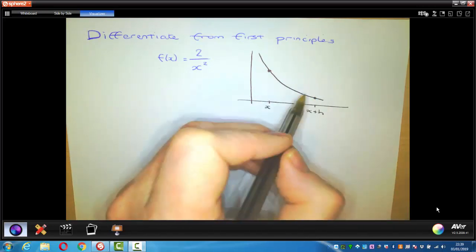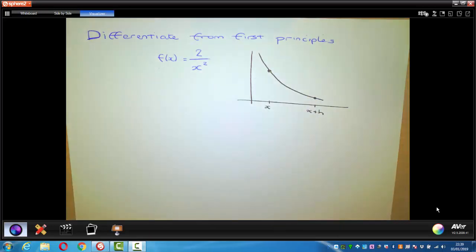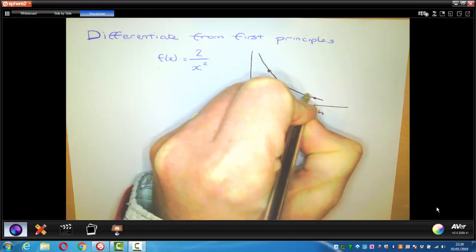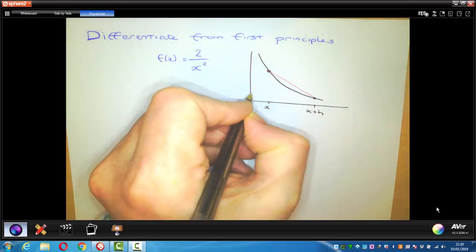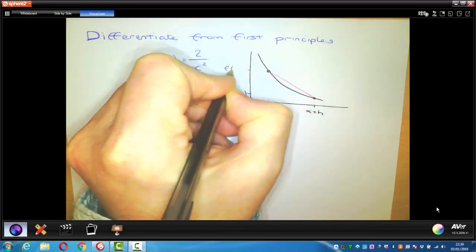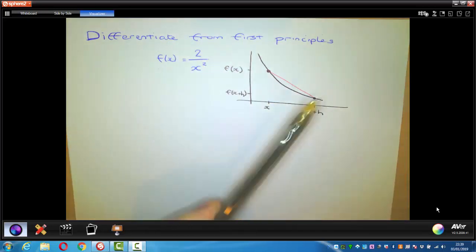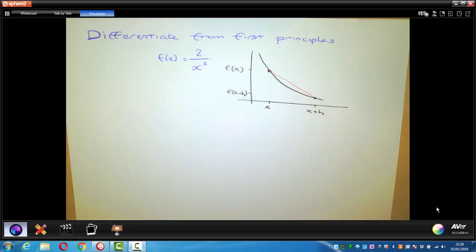Now let's work out the gradient of the line joining those 2 points. So when we join the 2 points, here we can see we have, well, in this case, a negative gradient, but the gradient of this line would be given by, here we have f of x plus h, here we have f of x, so the gradient would be given by the function evaluated at x plus h minus the function at x divided by x plus h minus x.